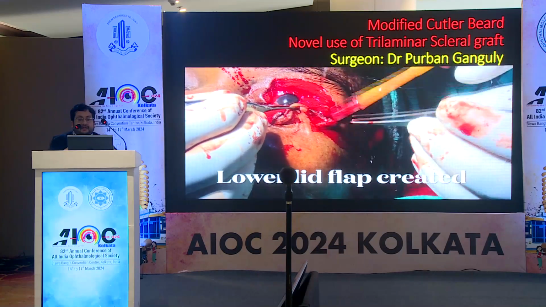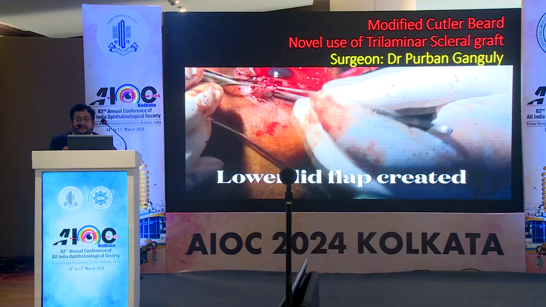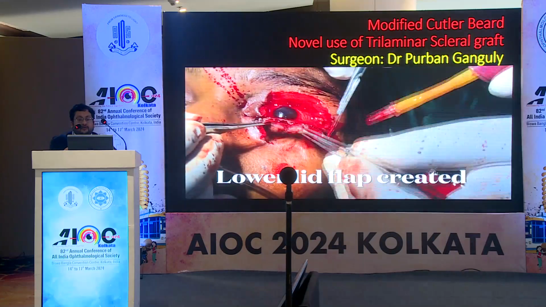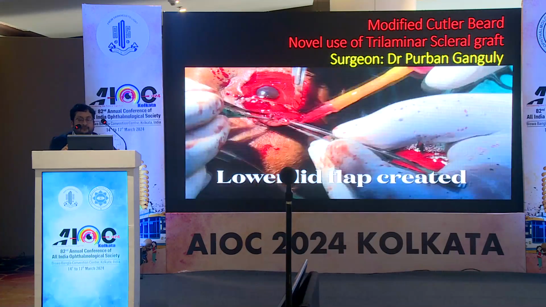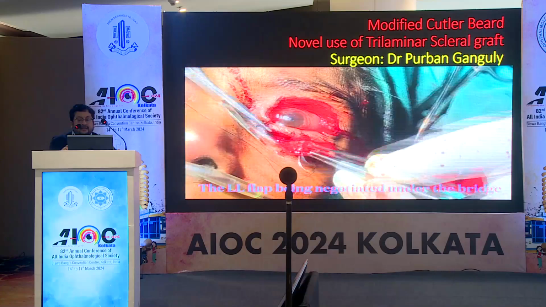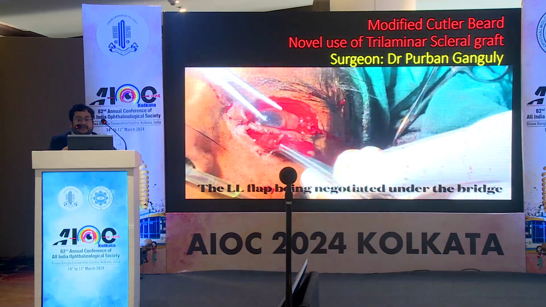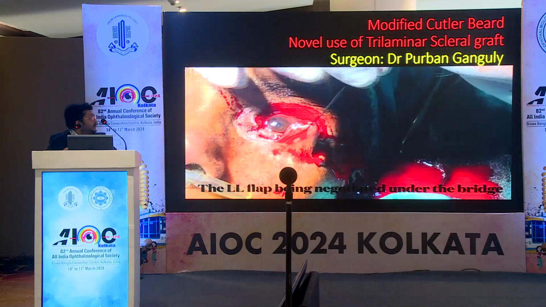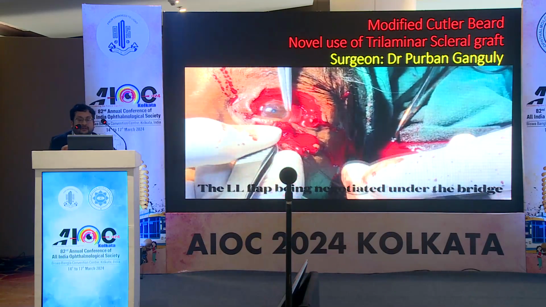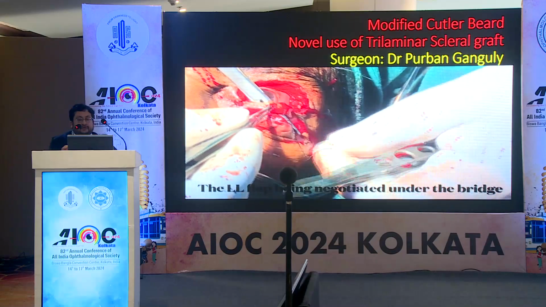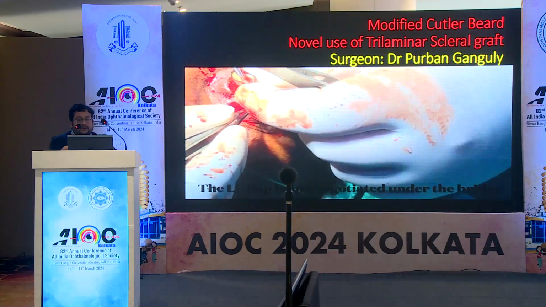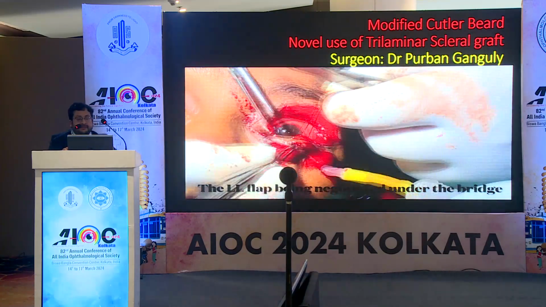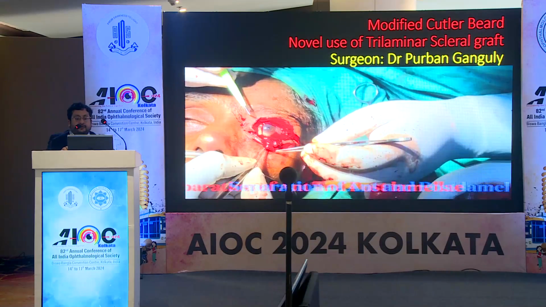While taking the advancement flap below the lower eyelid bridge, we use a 2-0 black silk suture, and the suture is passed below the bridge and taken out through the lower eyelid with the help of a curved mosquito forceps. And you see the bridge has come smoothly.